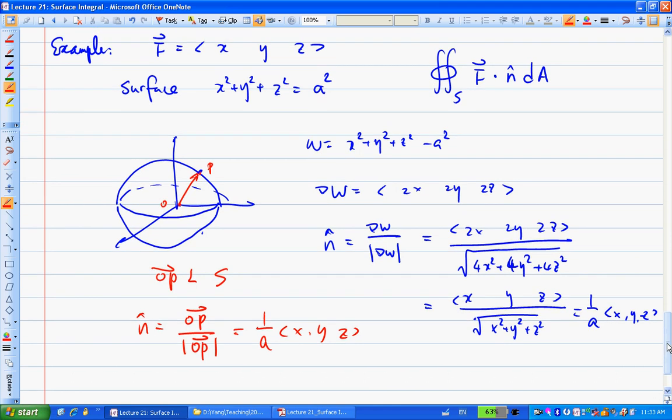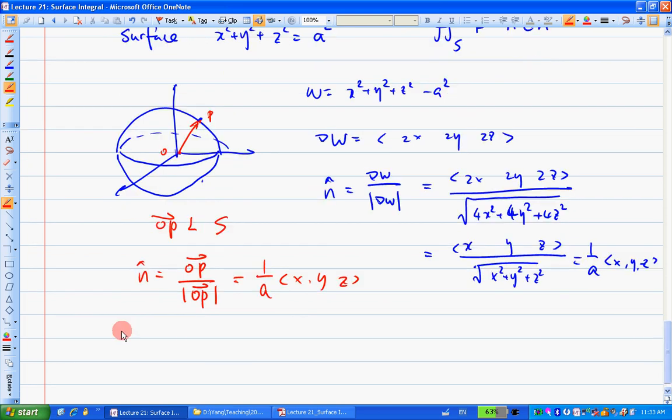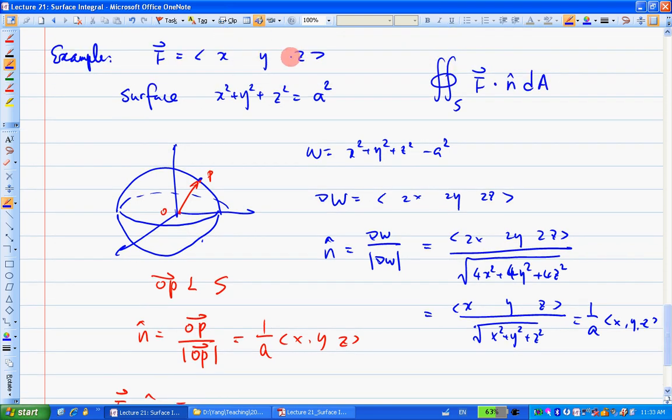Now I'm going to plug in this n hat over here and use the F vector dot this n hat. F vector is x, y, z, and n hat is this.